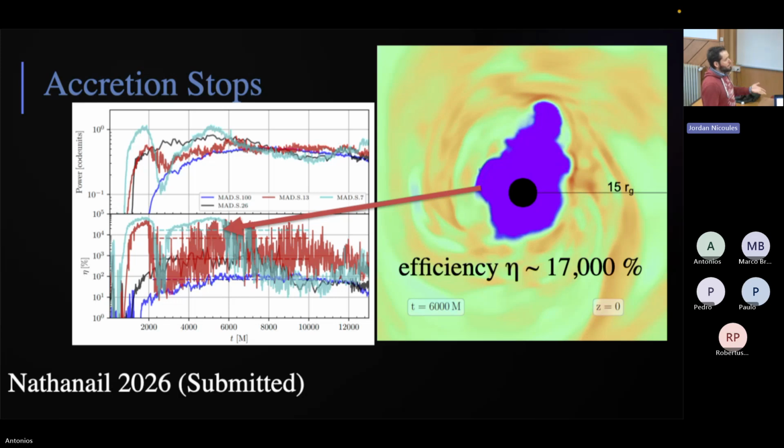And why does this efficiency go so high? I mean, you are only extracting energy from the black hole. You have managed to build a magnetized wall. Accretion cannot continue, but with this huge magnetic flux and the Blandford-Znajek mechanism working, you are getting a lot of energy from the black hole. And if you could allow for the black hole to spin down, I mean, to do really numerical relativity, you could see that the angular momentum of the hole would go down.